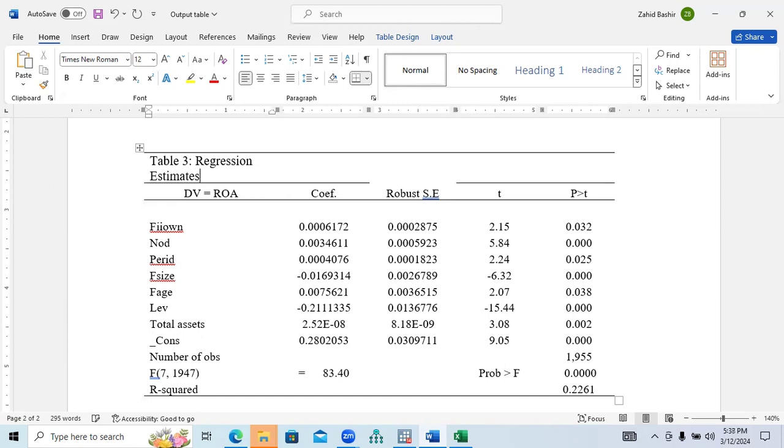Let me show you some of the interpretation which is required here.